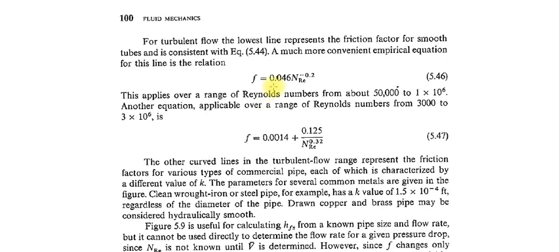Now there are also some empirical formulas which you can use to calculate the friction factor for a given system. These are equations 5.46 and 5.47. These are empirical formulas which directly correlate the friction factor to the Reynolds number. If you don't want to use the Moody's chart, then you can use this type of formula. These formulas are generally given in chemical engineering handbooks.